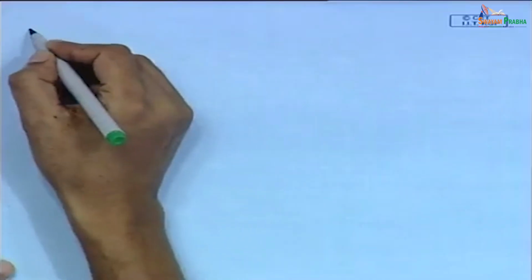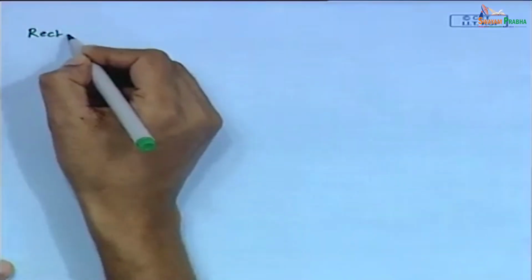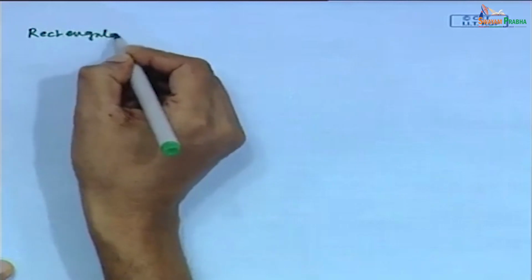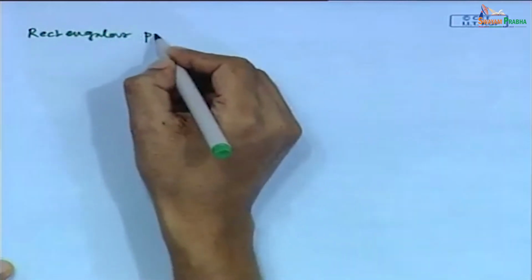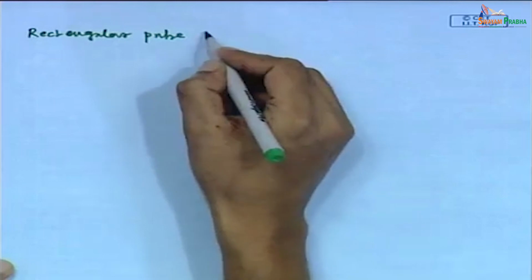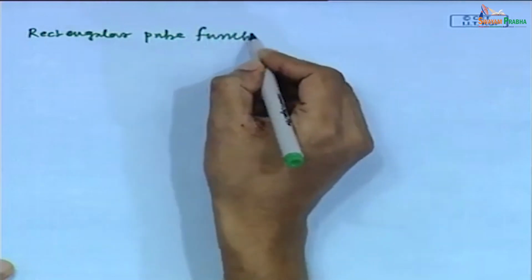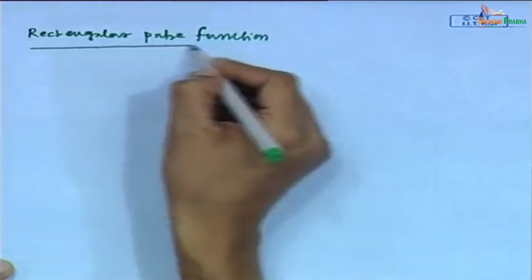Second forcing function is rectangular pulse function. First, we will draw the figure of this rectangular pulse function, fine.